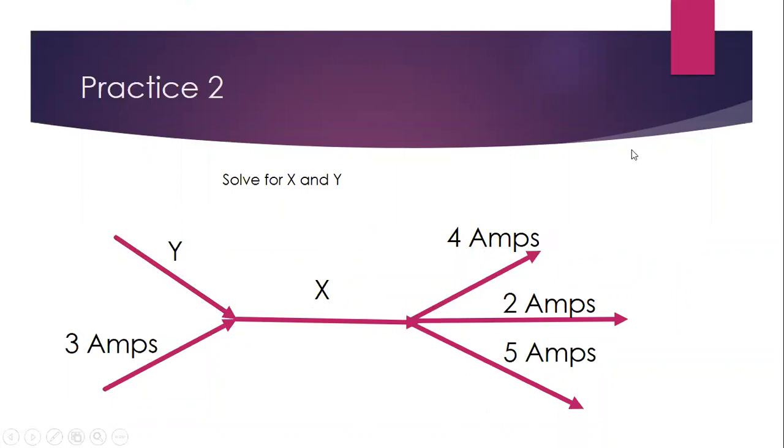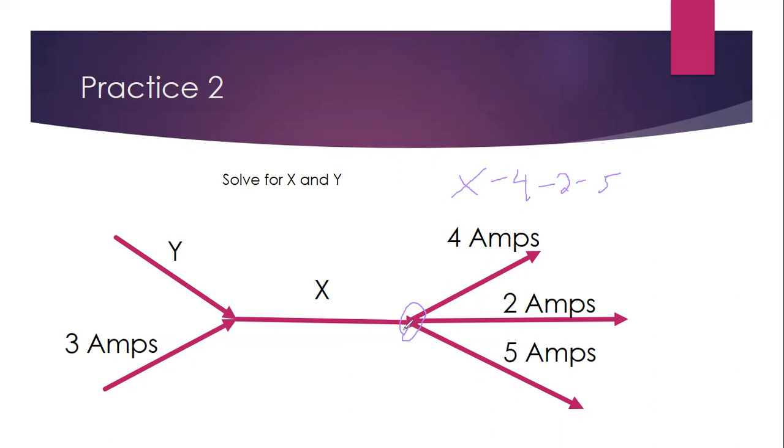So we're going to work backwards. We look at this spot right here. What's going into this spot? X. And what's leaving it? 4, 2, and 5.